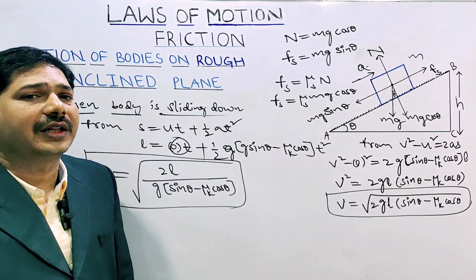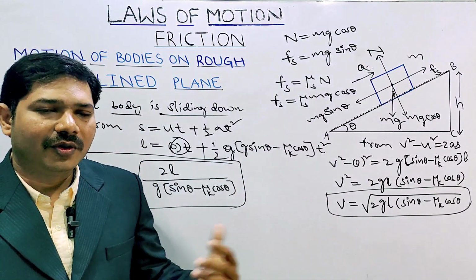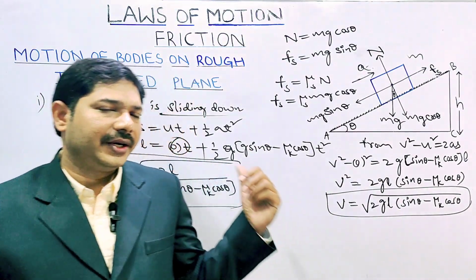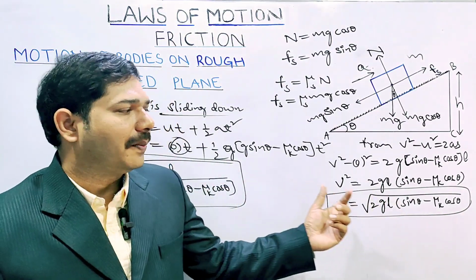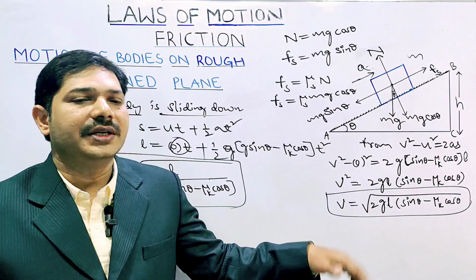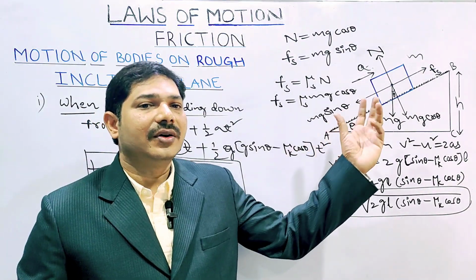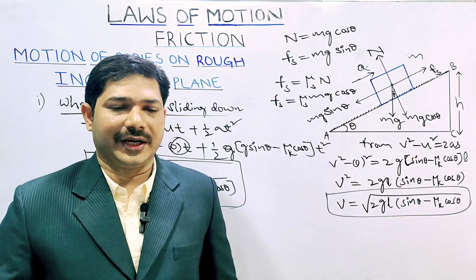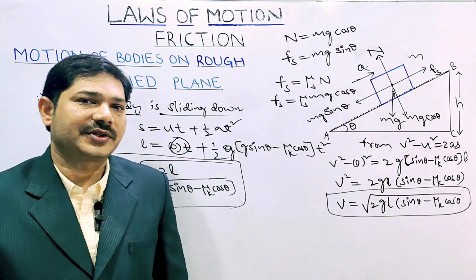So what are the formulas? Whatever formulas we have taken for force, acceleration, time and velocity, wherever there was a plus or minus sign, just take the plus sign here, because in the first case it is moving up.